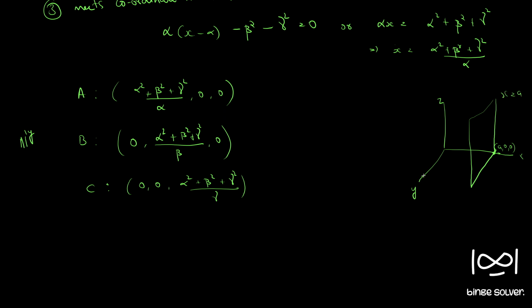Similarly, if we draw a plane parallel to the zx plane through B, it has equation y equal to b. Similarly, parallel to the coordinate plane through a given point C, we'll get z equal to c.